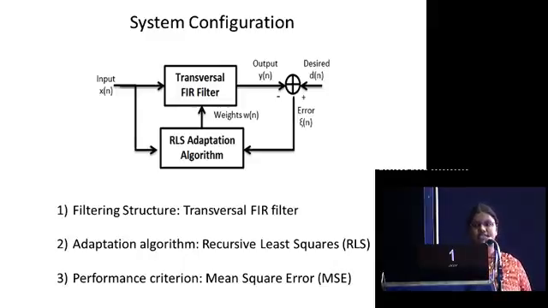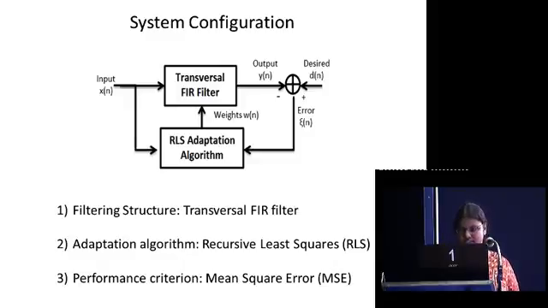It takes in the input and the filter will give an output, which is compared with the desired signal, that is a training signal, and the error is given as input to the adaptation algorithm. The adaptation algorithm will work on the input and error and sets the weights of the filter. Thereby, the filter will change its weights as per the input.